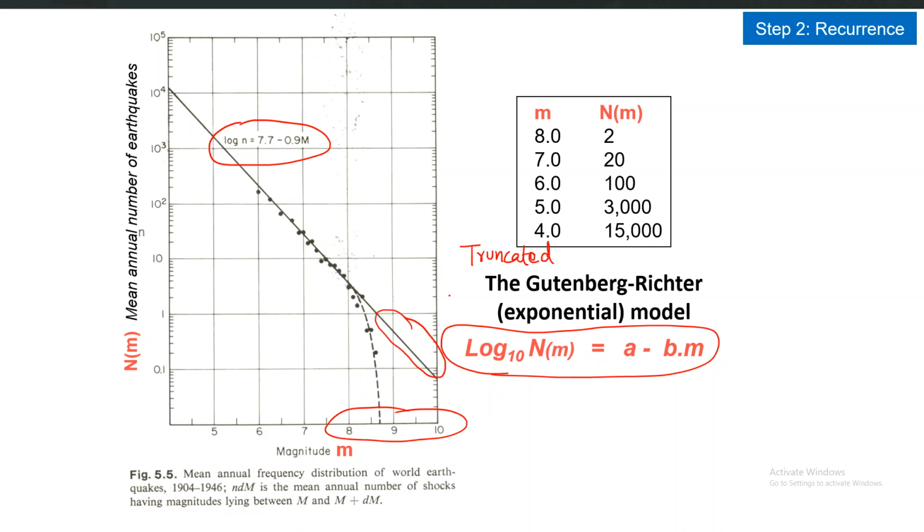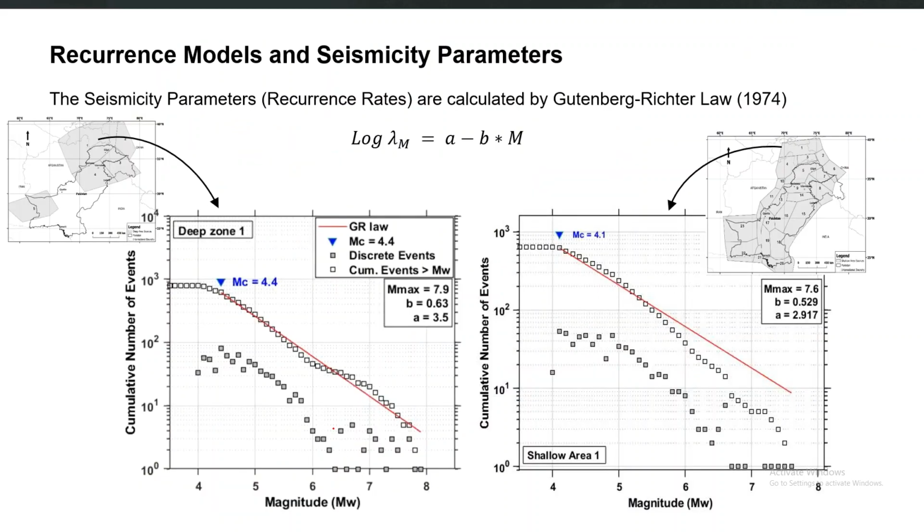So here you can just truncate the line, you can cut it at any maximum magnitude which is experienced at that particular seismic source. So if a source has a maximum magnitude of maybe 8.5, we can truncate the Gutenberg-Richter relationship at that magnitude, and therefore that truncated GR model will be used to model the seismicity of this particular seismic source.